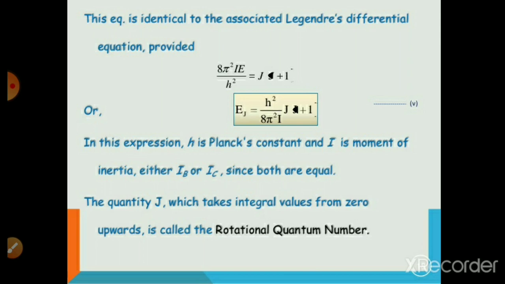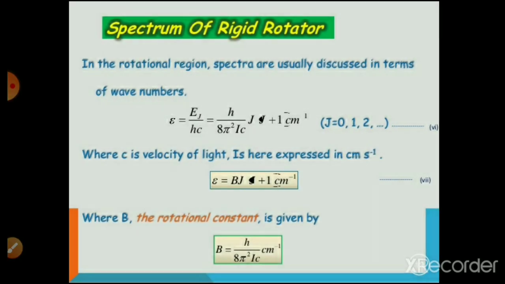In this expression, h is the Planck constant and I is the moment of inertia, either IB or IC, since both are equal. The quantity J, which takes integral values from 0 upward, is called the rotational quantum number.